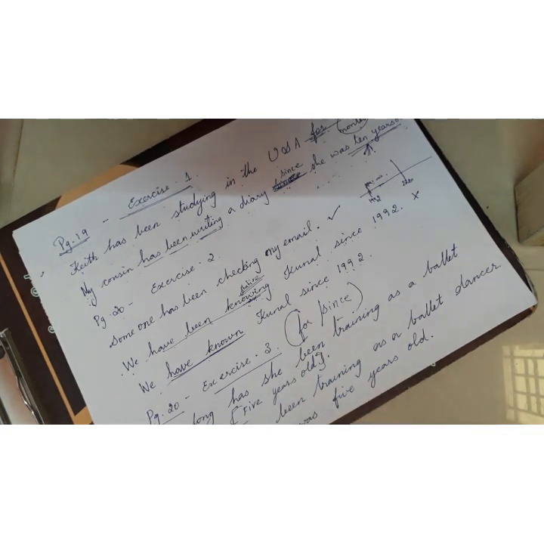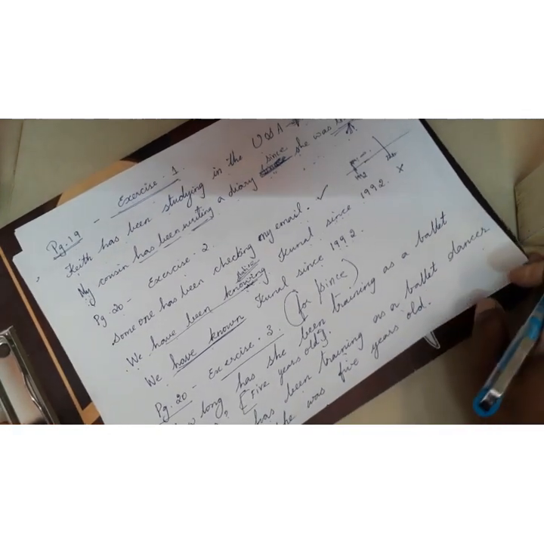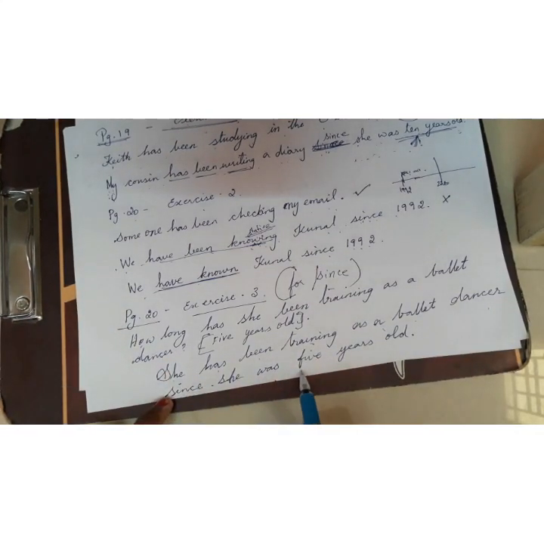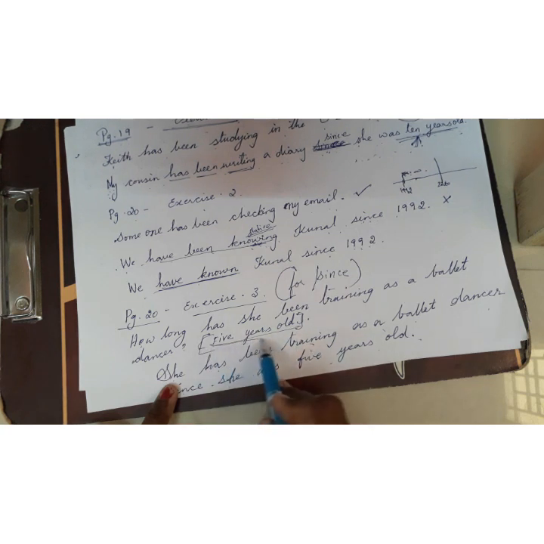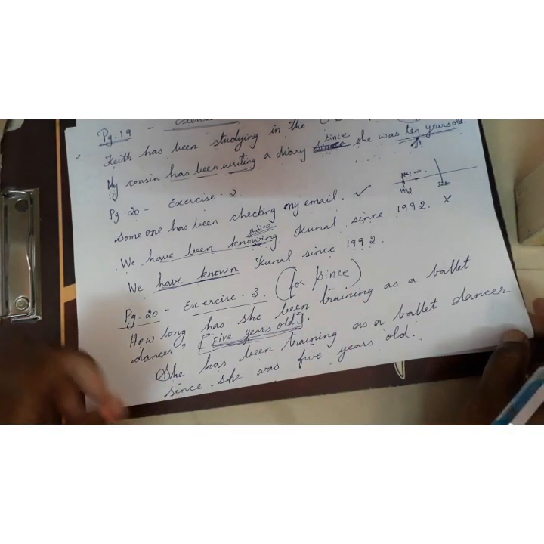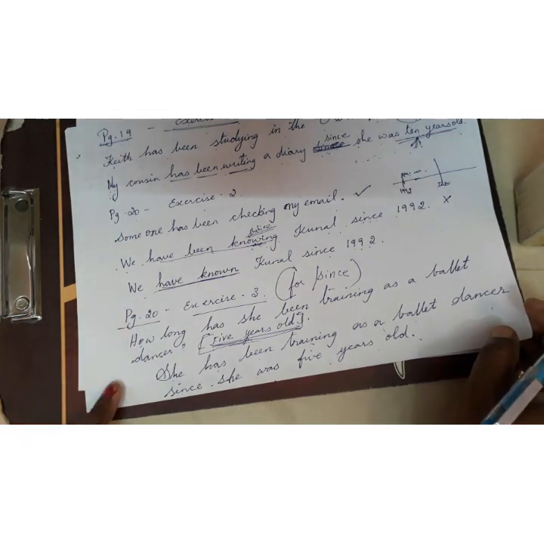See, she has been training as a ballet dancer since... So what answer should I show, my dear children? Since she was 5 years old. See, 5 years old. They have given this as a starting point, right? When she was 5, she started ballet dancing. Okay, so read very carefully to answer.